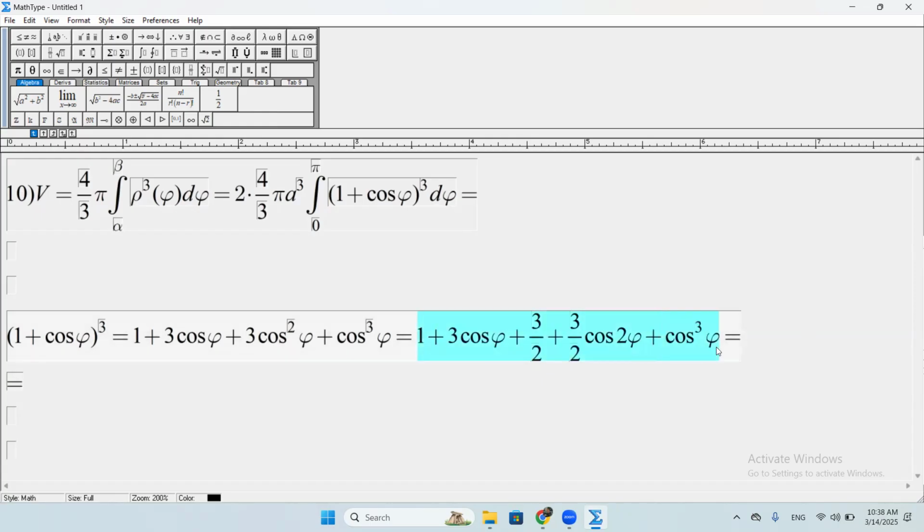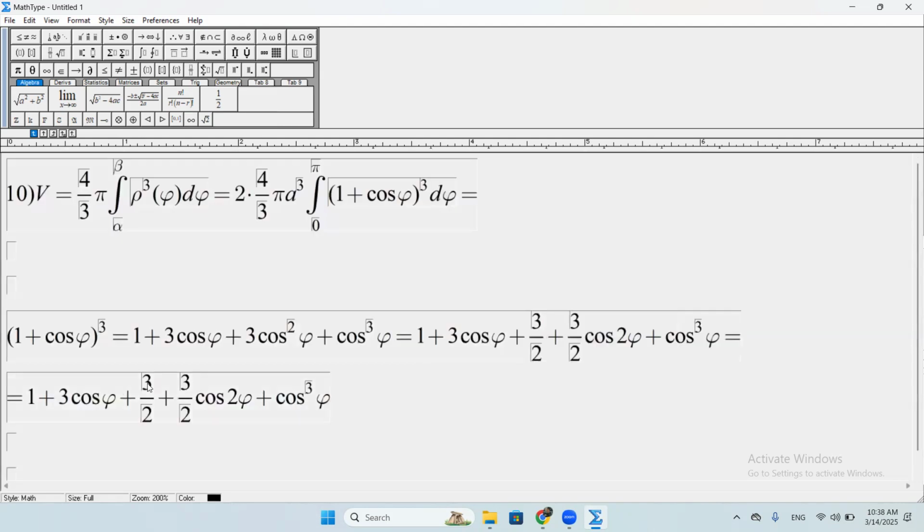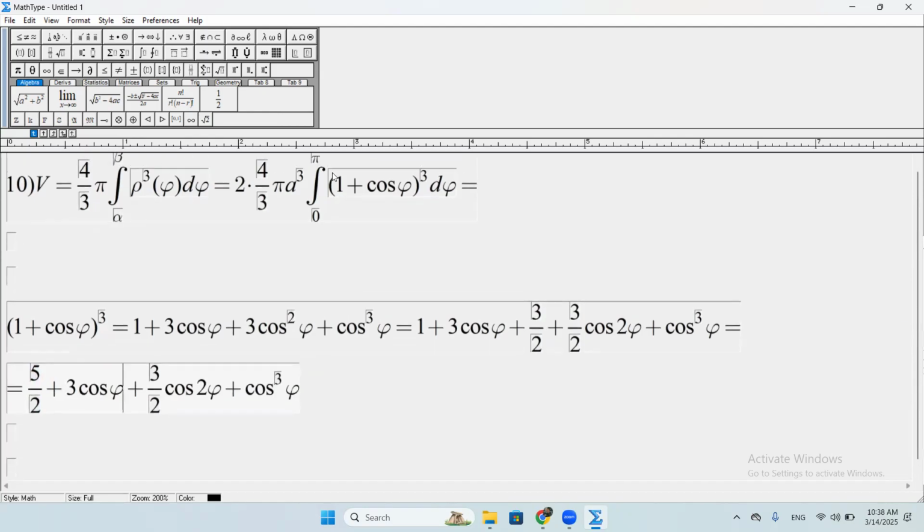Now let's add 1 plus 3 over 2, so 5 over 2, moving here to the beginning.